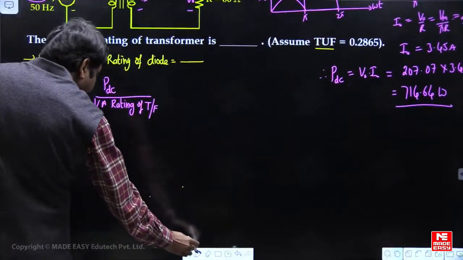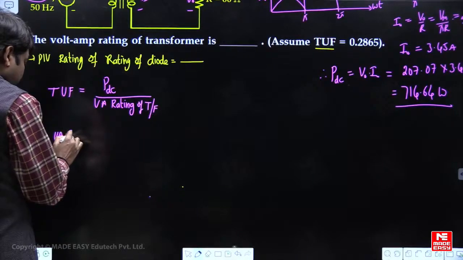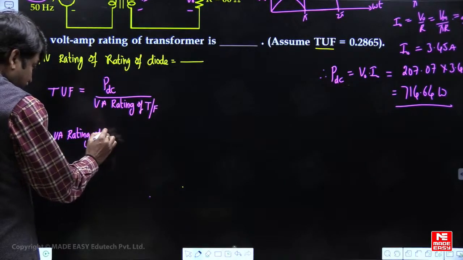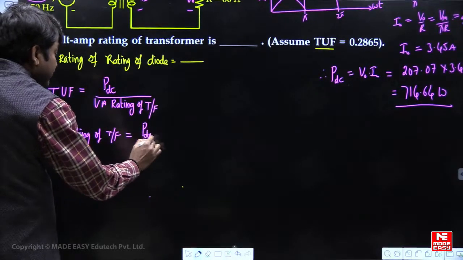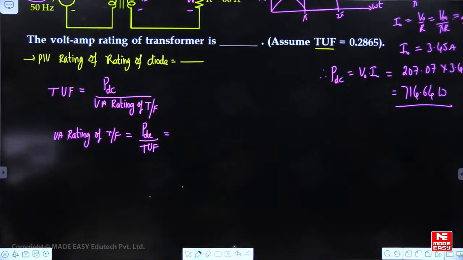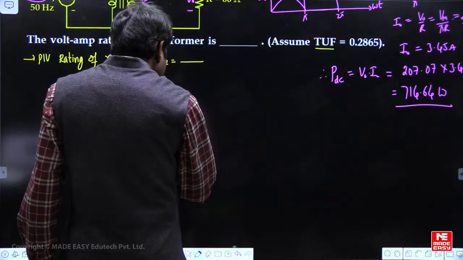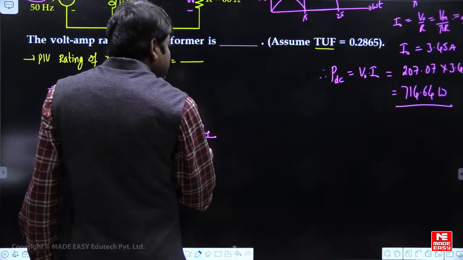Okay, from this equation I want to find the volt ampere rating of the transformer. The volt ampere rating of the transformer is the power due to the DC component divided by the transformer utilization factor. The power due to the DC component is 714.64, divided by 0.2865.